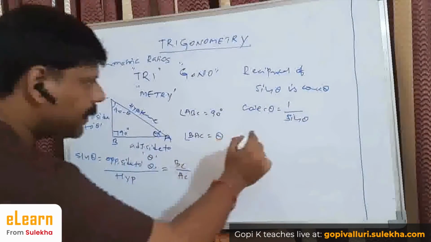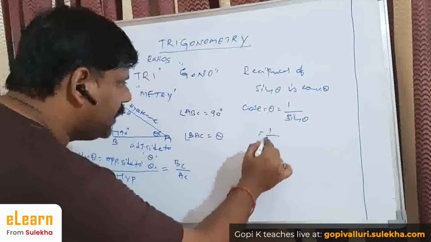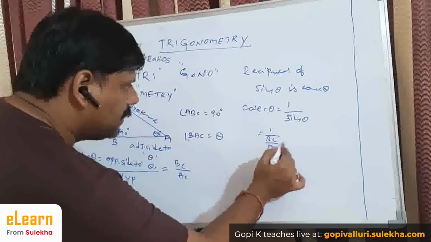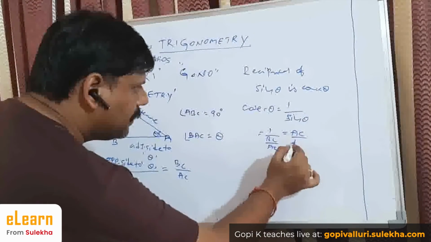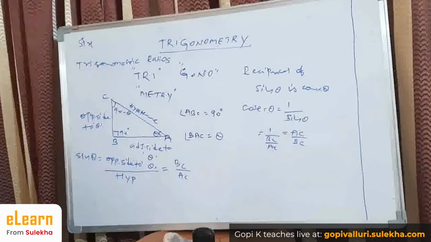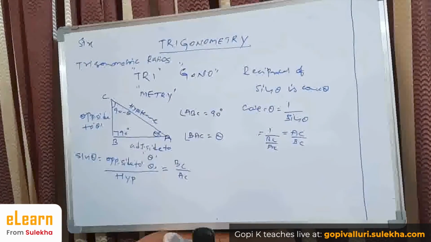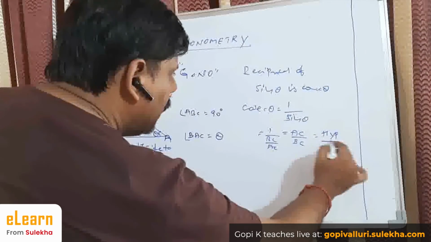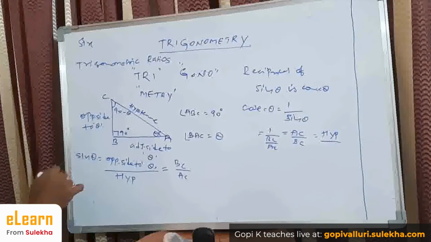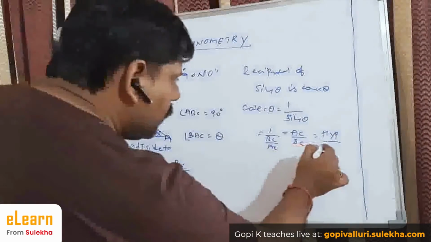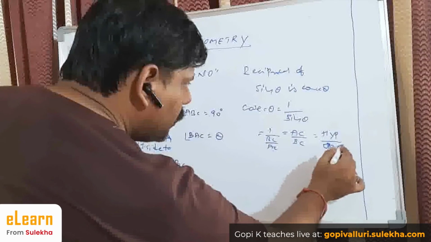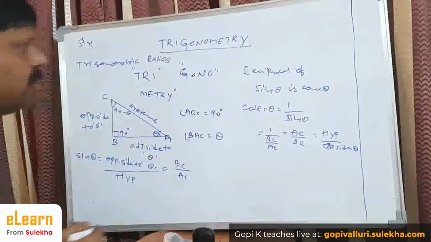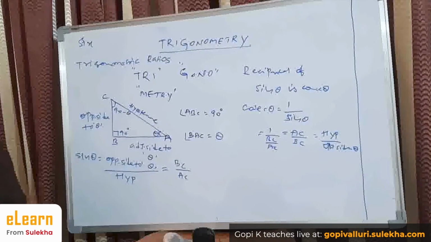That means 1 by BC by AC becomes AC by BC. AC is the hypotenuse and BC is the side opposite to theta. So once you know sine theta, we get cosec theta.